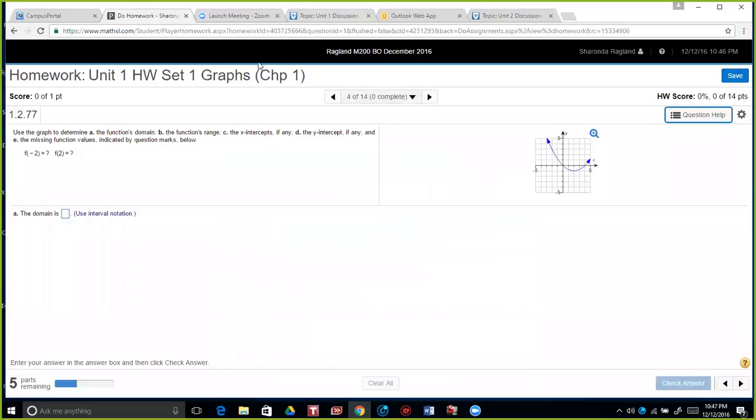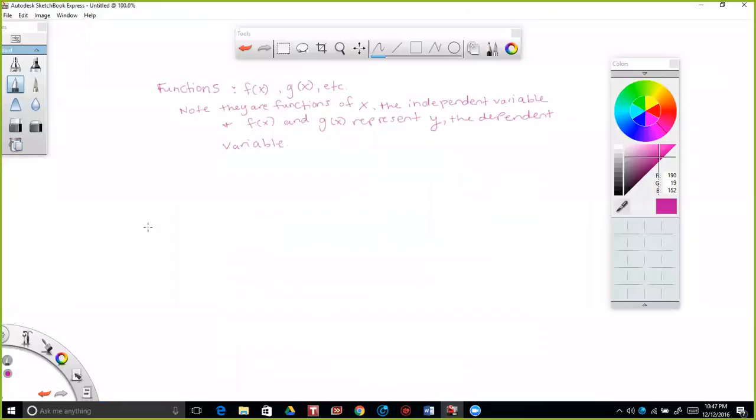Let me go to the sketchboard. When you have interval notation, just note that these are open brackets, and these are closed brackets. Closed means that it's inclusive.